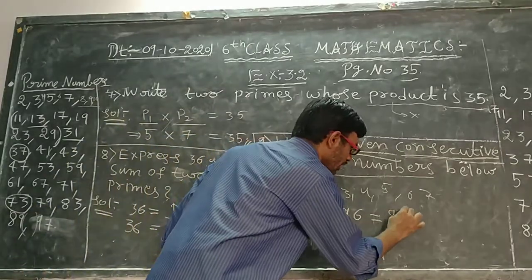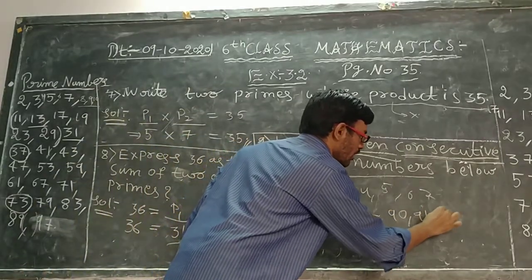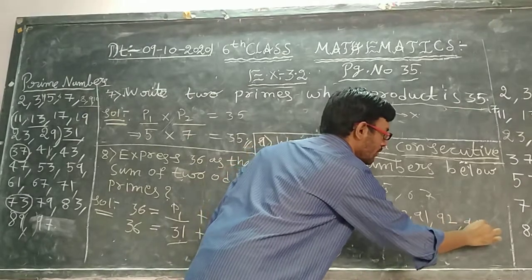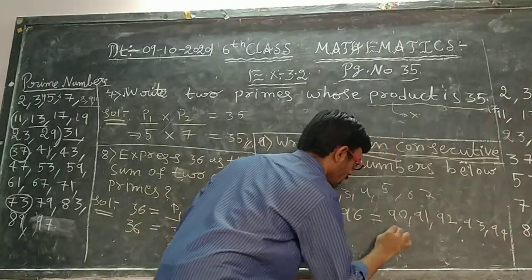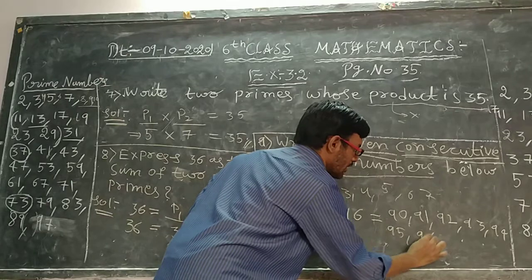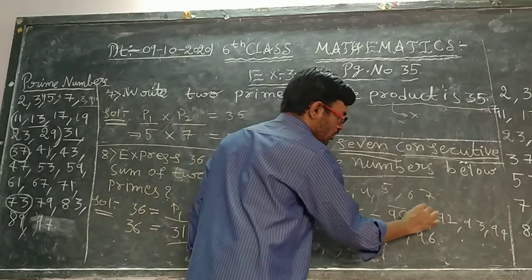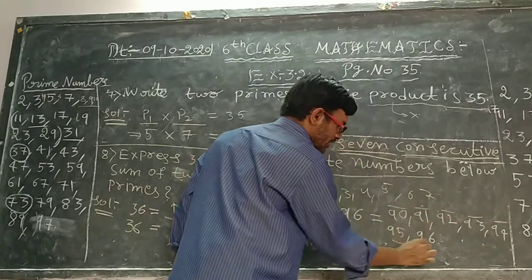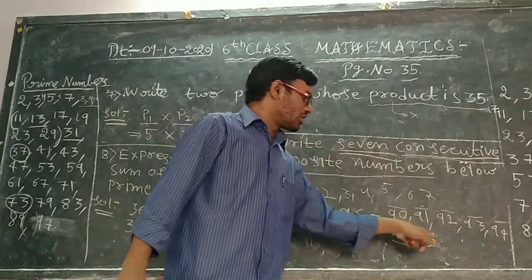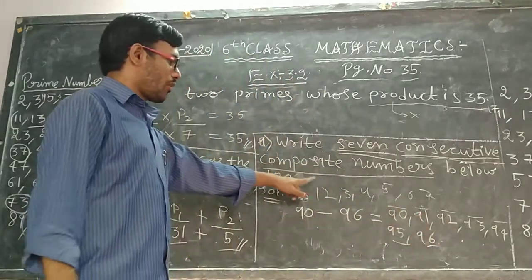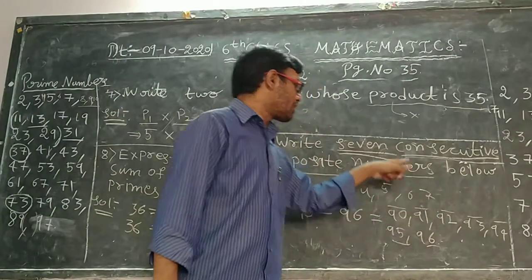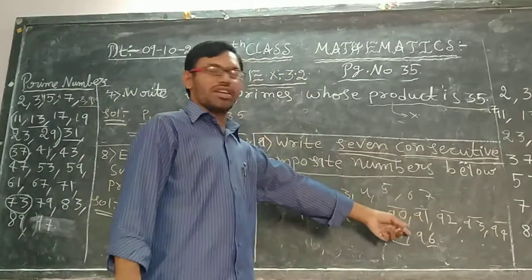So 90, 91, 92, 93, 94, 95, 96. Totally how many are there? 1, 2, 3, 4, 5, 6, 7. So totally 7 consecutive composite numbers are given. These 7 numbers are divisible by some other number.